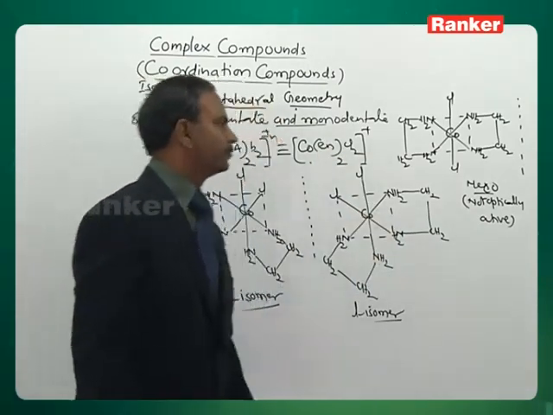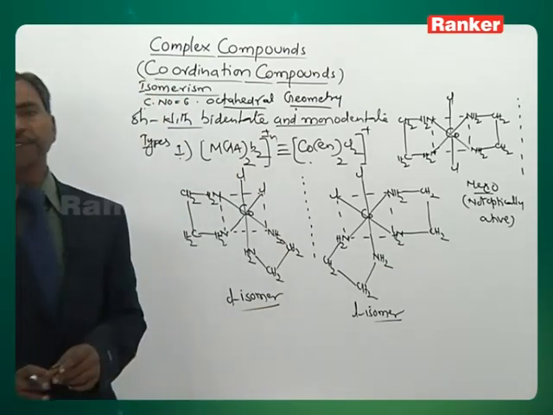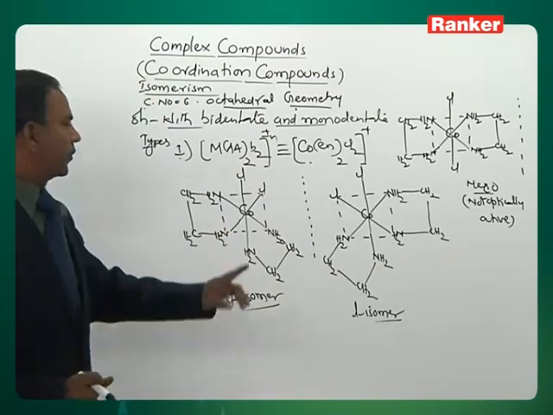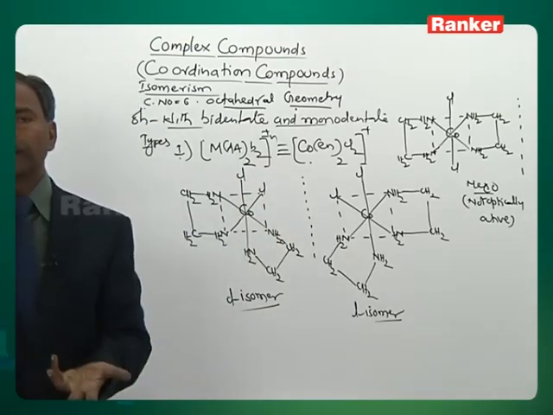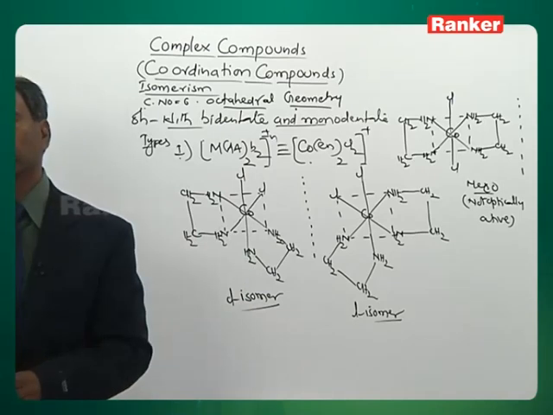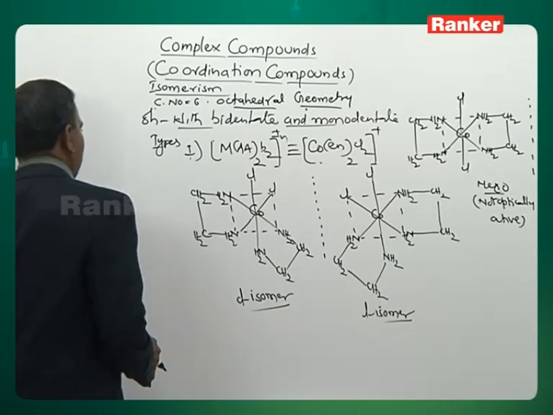Meso compound is achiral. Similarly, you can also show for M(AA) taken twice, BC. It is more or less the same. Instead of chlorine and chlorine, we can write Cl and Br. We can show for cis that it is optically active and trans that is not optically active. Let me show that one.